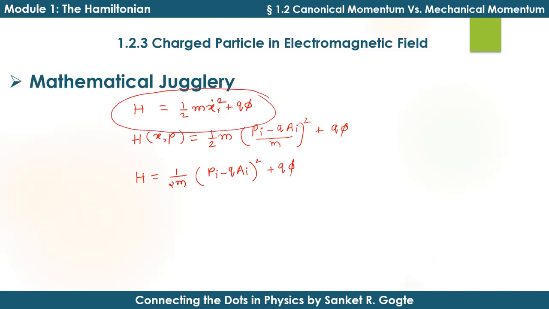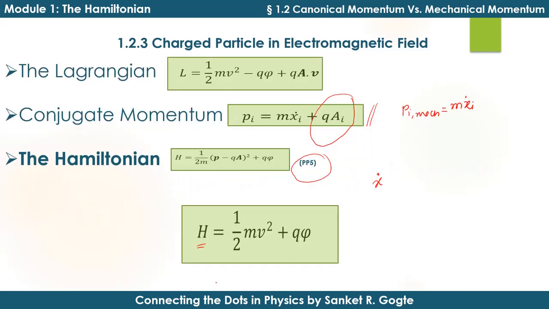So what we get is this equation. Now if you look at this equation, this is simply the kinetic energy of the particle, and q times phi is the potential energy of the particle because it is present in this electric potential. This phi is nothing but the electric potential. Remember, when we derived this Lagrangian, we saw that this phi is the electric potential.